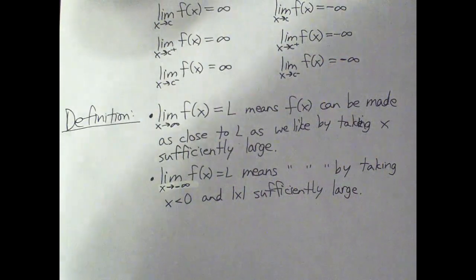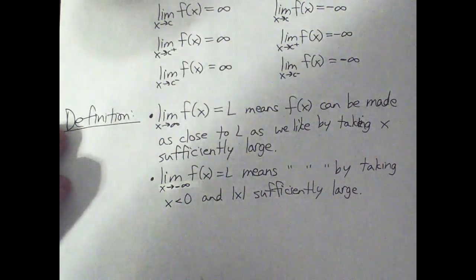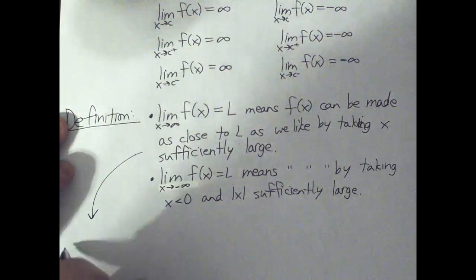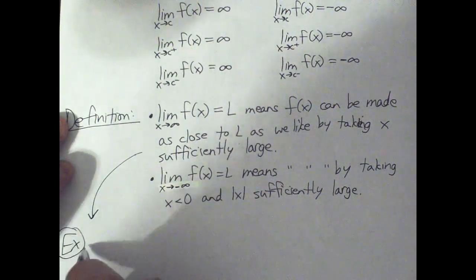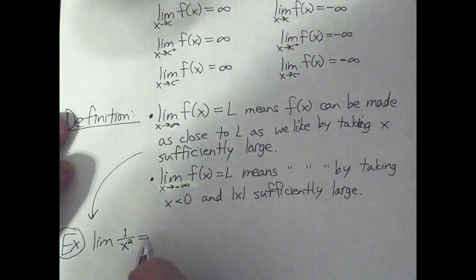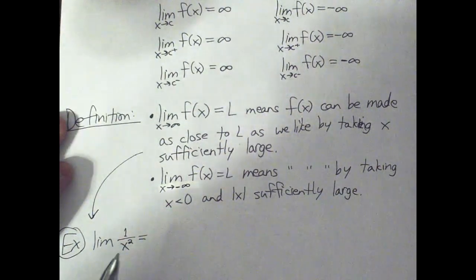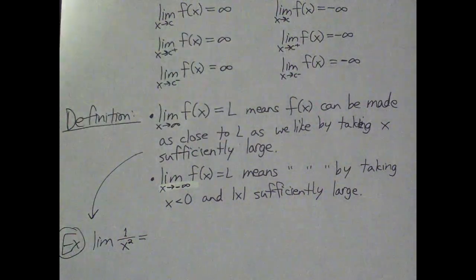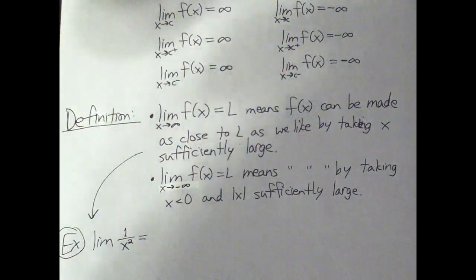I'll show you a couple of examples of this type of limit. Okay, so these types of limits. Example. One of them we've already seen today, actually. We could talk about this. When we drew the graph of 1 over x squared, and there was a vertical asymptote, didn't it also look like there was a horizontal asymptote?